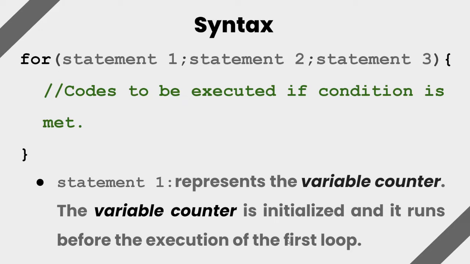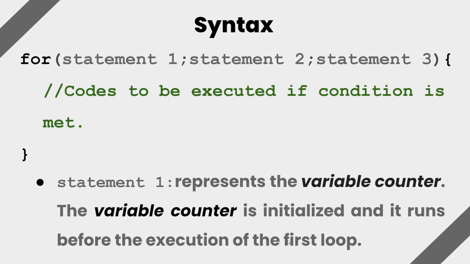So statement one here, as we can see on the screen, represents something that we call the variable counter. Now, this variable counter is not very different from your normal variables that we already know about. It's quite the same. The only difference here is that the variable counter is a special type of variable that is used in counting the number of repetitions in a loop.